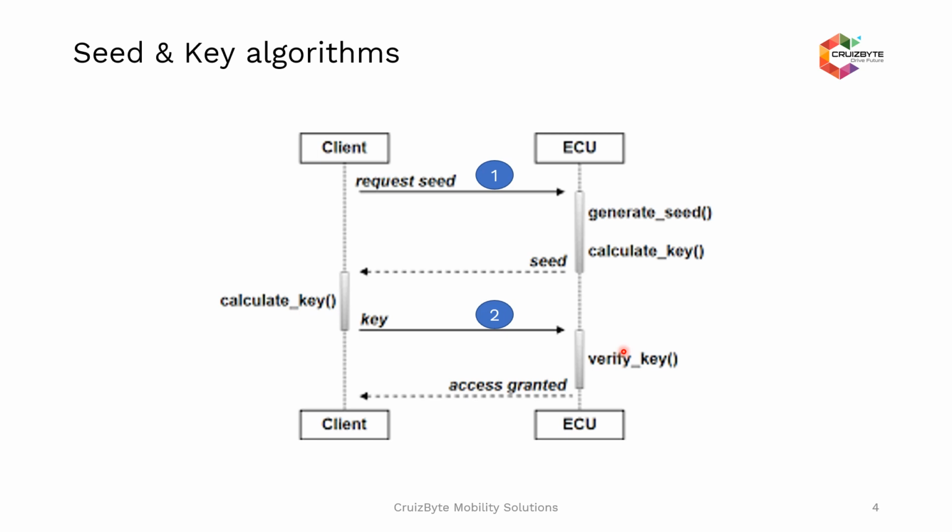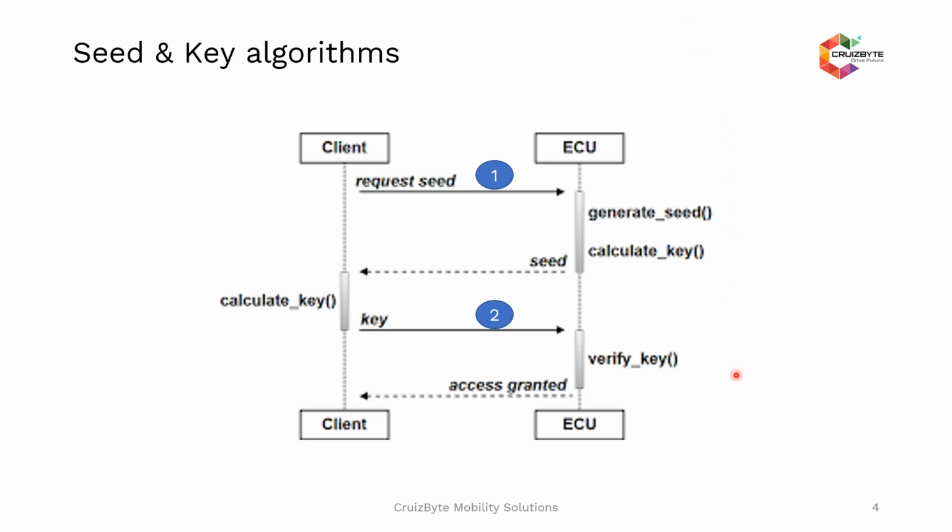Once this handshaking is successful, then the ECU allows the client to have access, and the access is granted to the client in order to perform some operation as we discussed earlier. Either you can do IO control, read data, or write data like that.